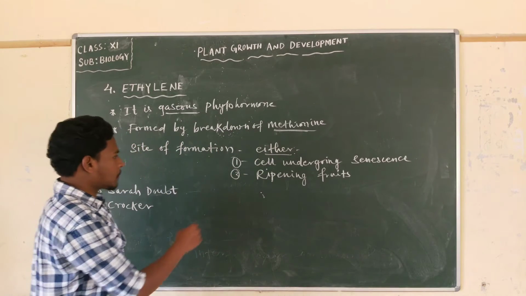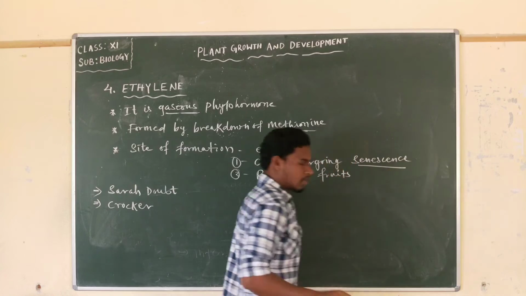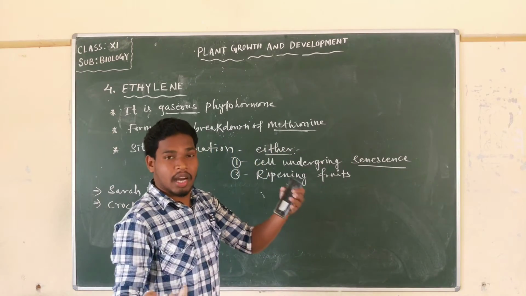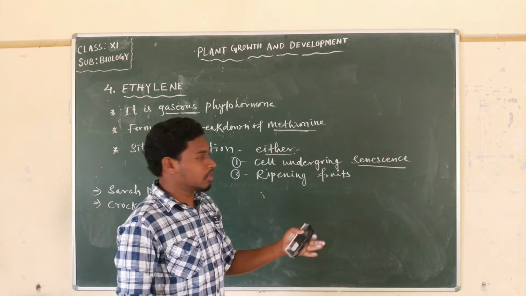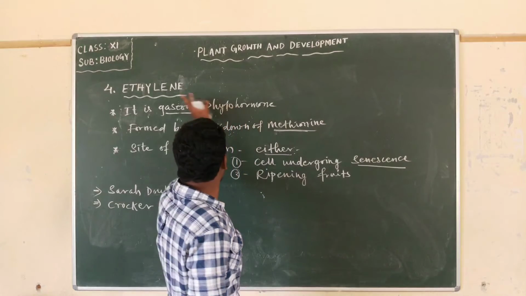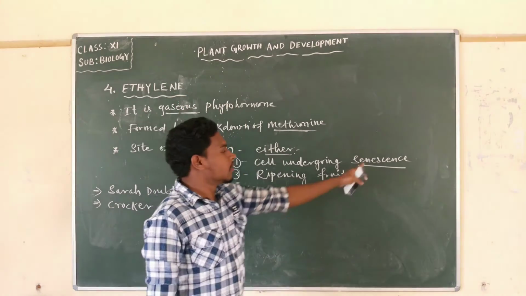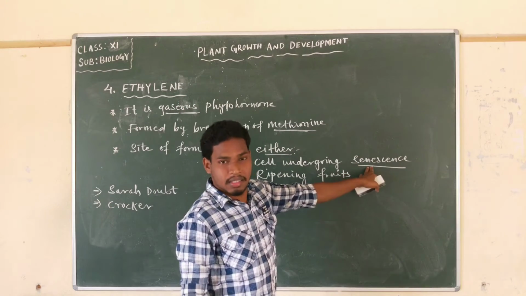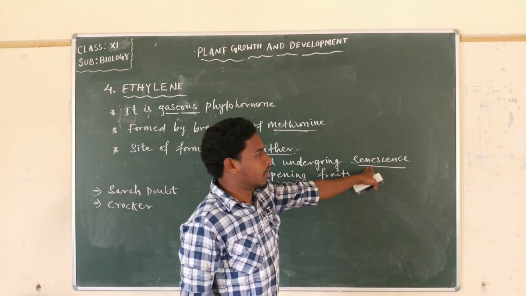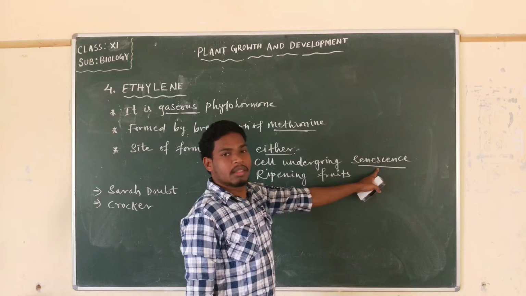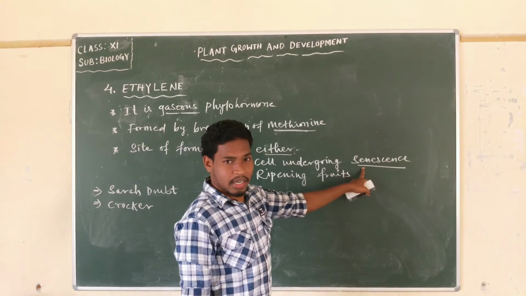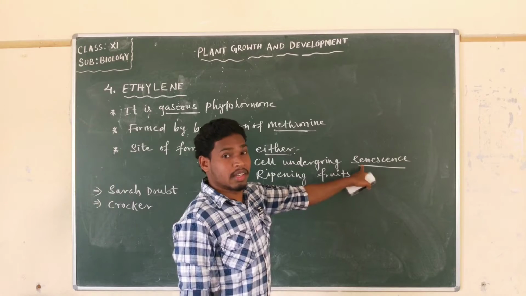Now, what does senescence mean? The leaf or fruit is about to fall, because they undergo maturation, and that maturation is brought by the phytohormone known as ethylene. Fruit turns yellowish in color. That means it has ripened, and now the time is to fall off, right? And even the leaf turns yellowish in color and falls off, right? So that process is known as senescence.